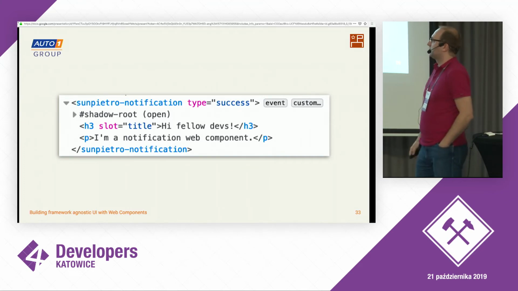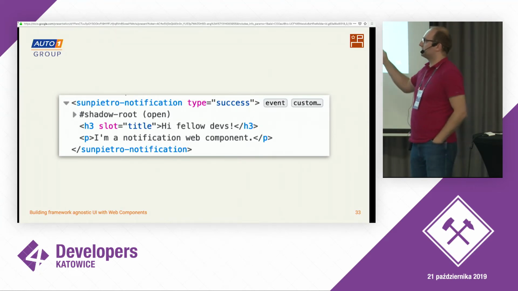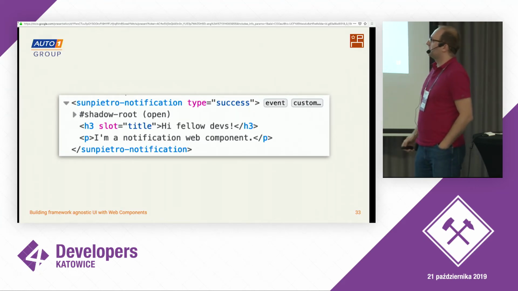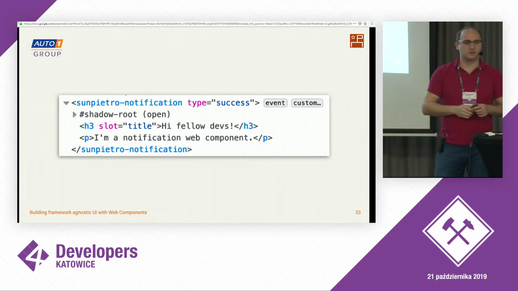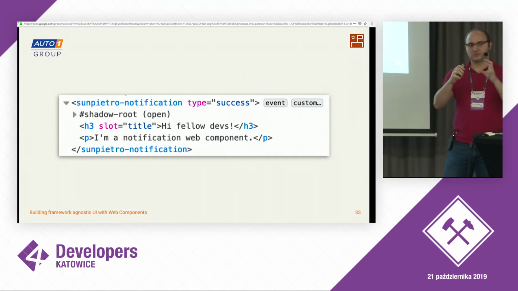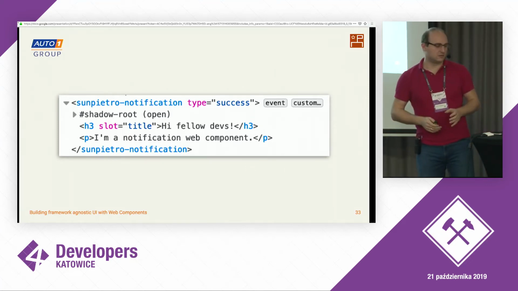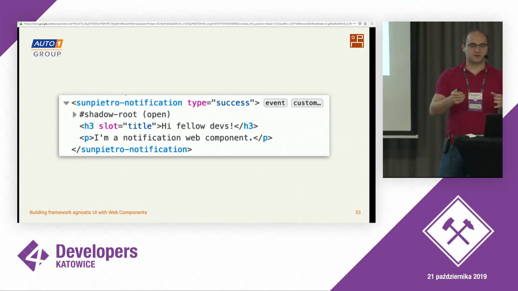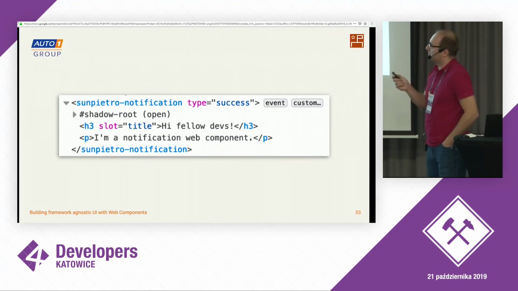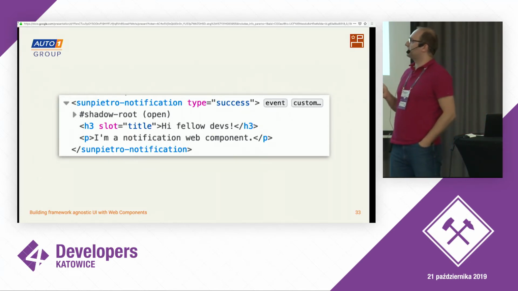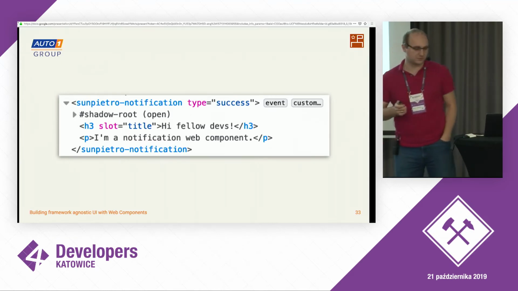In this case, you can see three parts: the HTML tag, the shadow root, which in this case is open, and the children of this. When you open the shadow root, you see the whole HTML structure of the element that is needed to render the functionality. And the structure of the St. Peter notification element is hidden behind the shadow root.